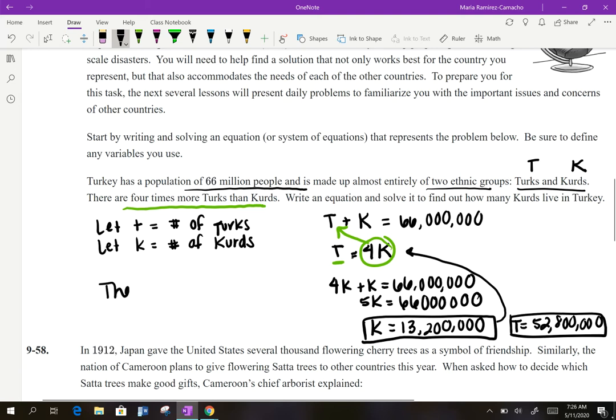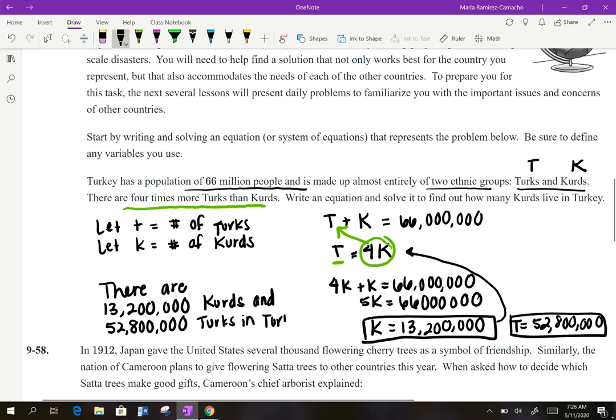Okay, so there are 13,200,000 Kurds and 52,800,000 Turks in Turkey.